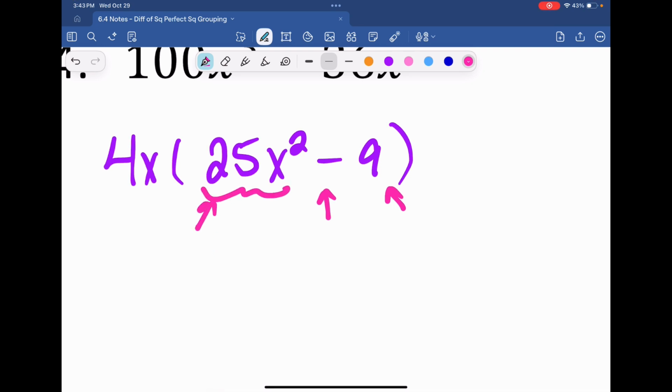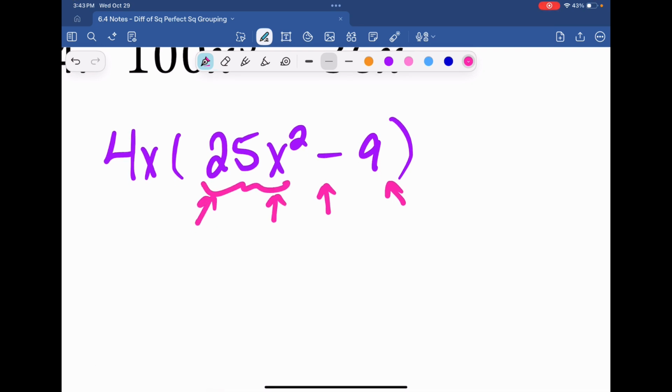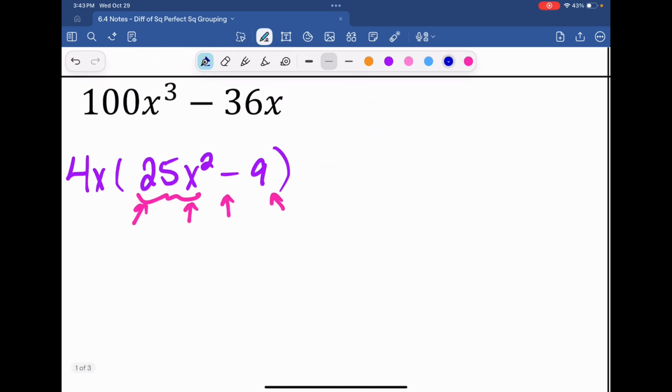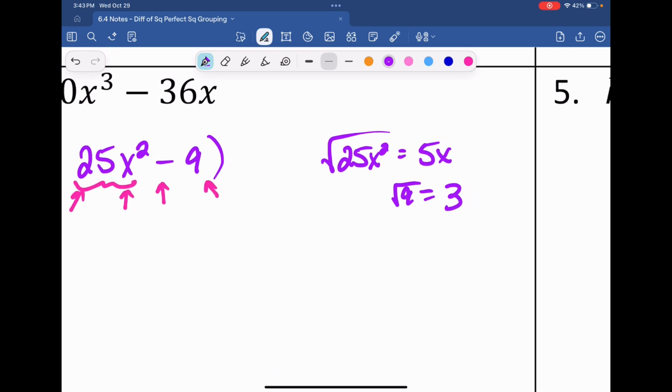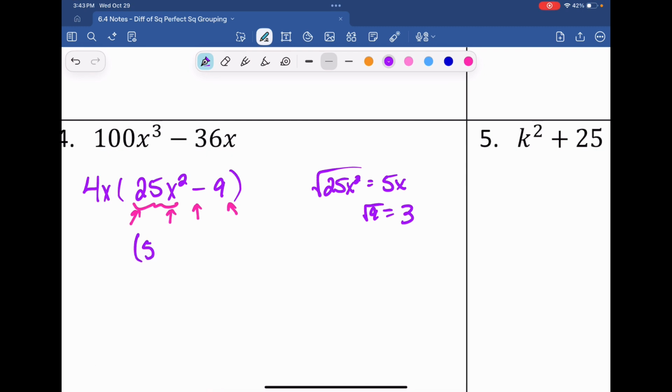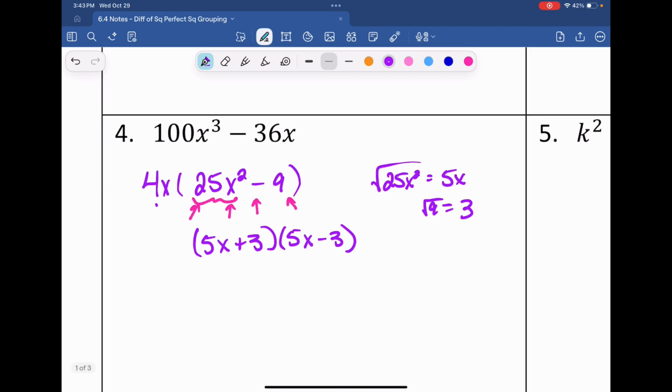X squared is a square. So the square root of 25x squared, square root of 25 is 5, x squared is x, and the square root of 9 is 3. Keep that order. So 5x plus 3, 5x minus 3, and you need to bring down that 4x.